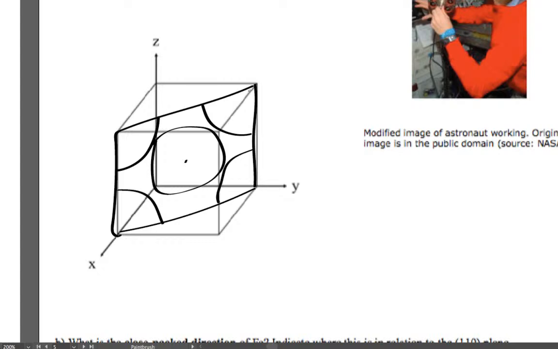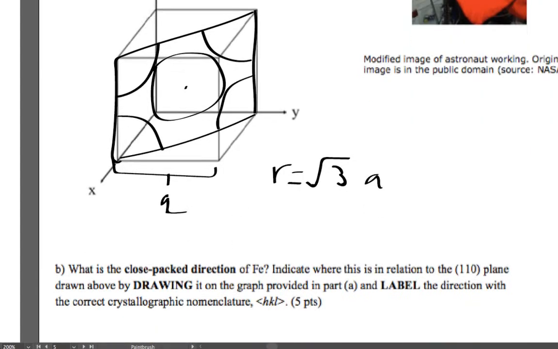No, wrong. Yeah, I'm correct, it's the square root of 3. So the radius would be equal to square root 3 of the A, which is basically this side here would be A. Good. Just in case that I need it anyways.